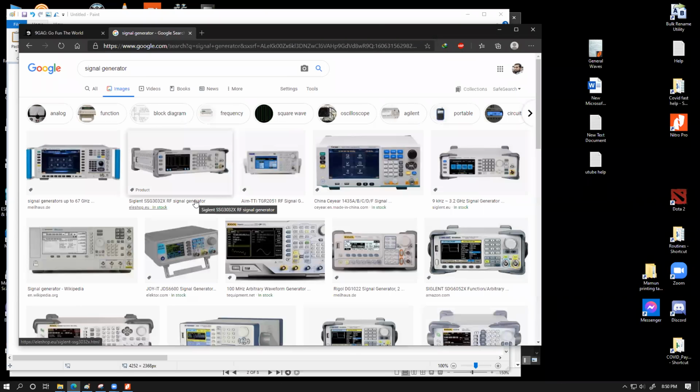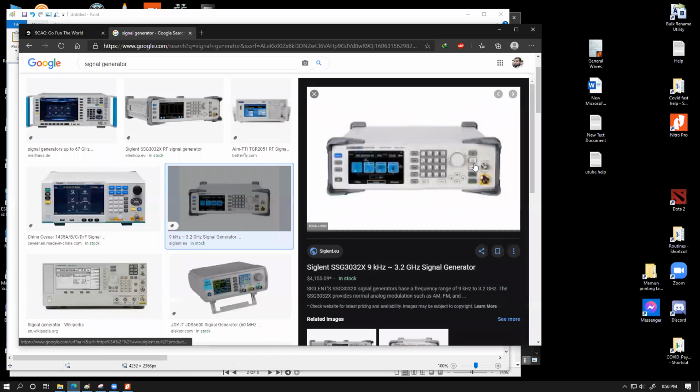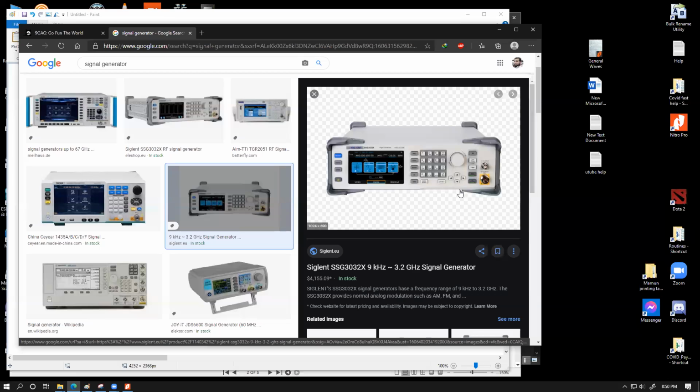Okay, yes, so this is the signal generator. These are the different types of things that you can do over here. We have multiple different types of waves that we can produce. We can produce sine waves, and other unusual waveforms, and we have a lot of knobs over here.